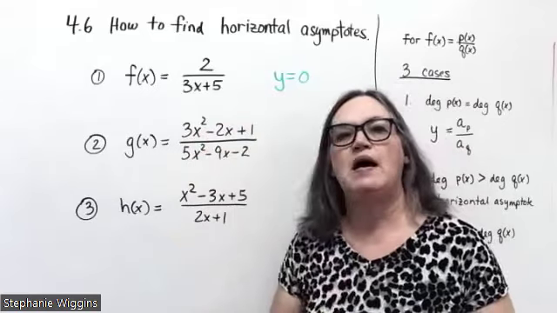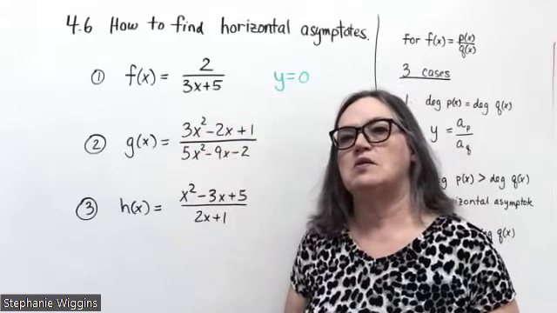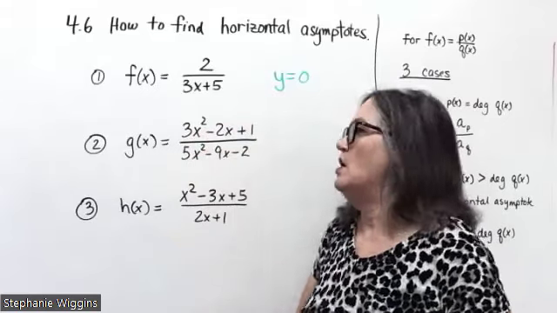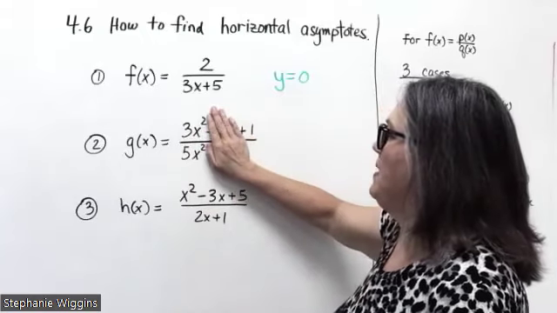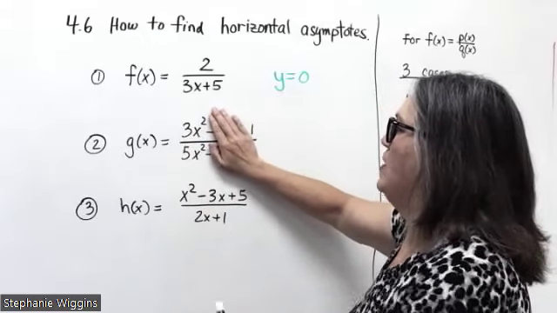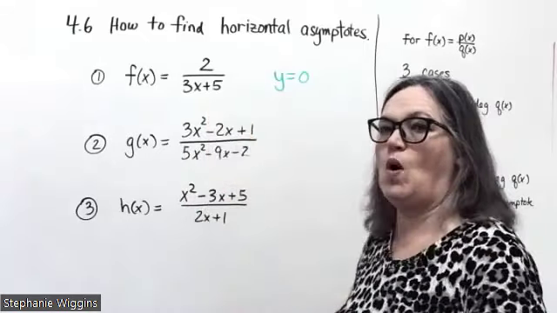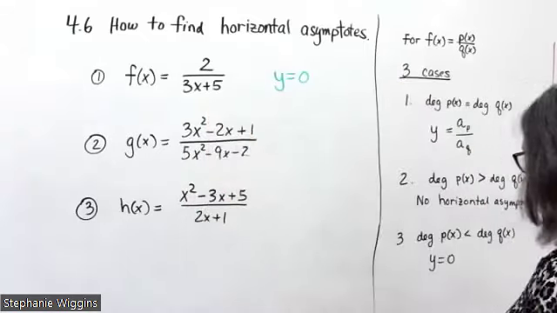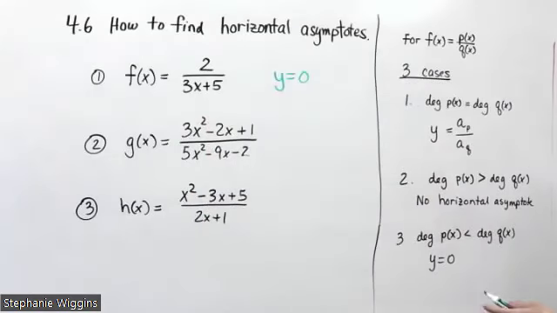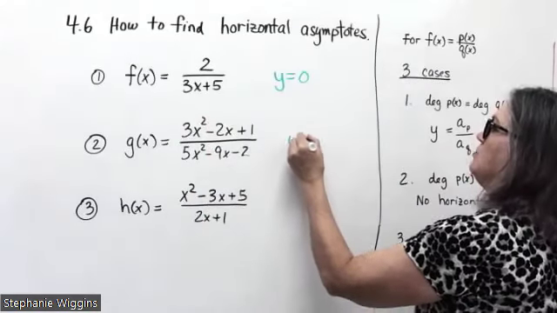And so for really large values of x, either positive or negative, these other terms are going to be insignificant, and you're going to get y equals 3x squared divided by 5x squared, which is just y equals 3/5. So that's what I have for the horizontal asymptote here.